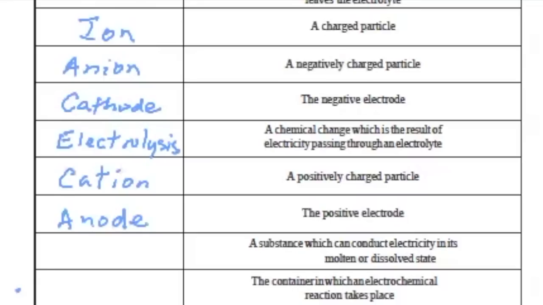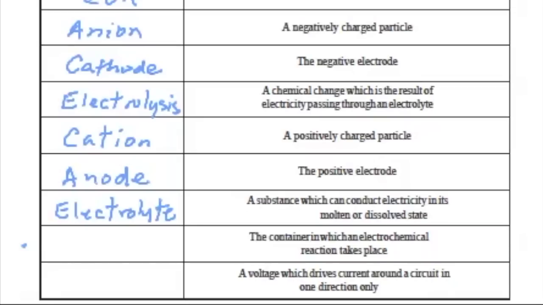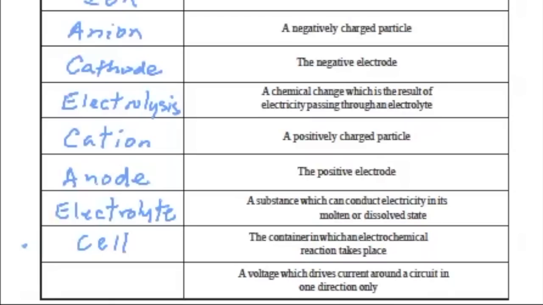Then a substance which can conduct electricity in its molten or dissolved state. That would be an electrolyte. And the container in which an electrochemical reaction takes place, that would be the cell. The entire setup, the container in which the electrolyte is and electrolysis is taking place.